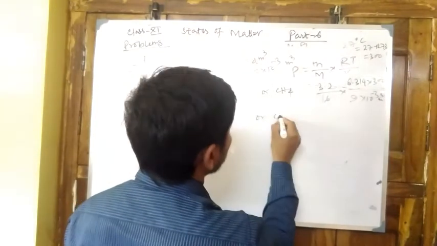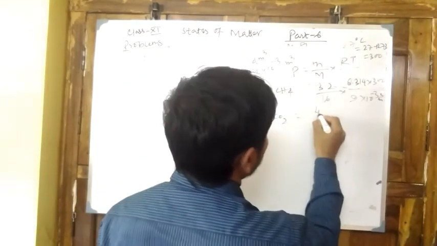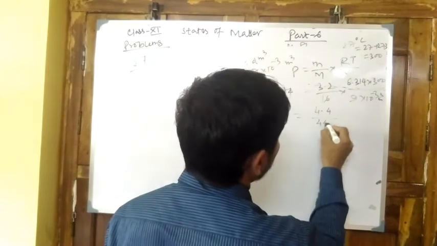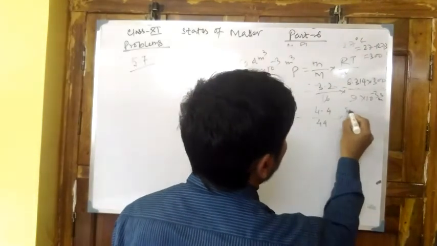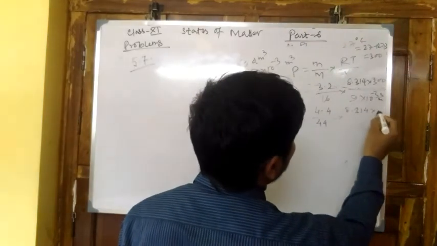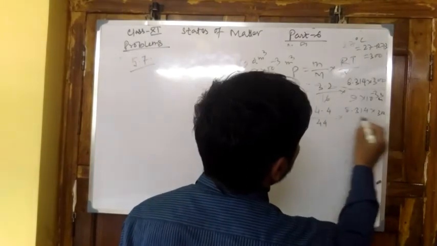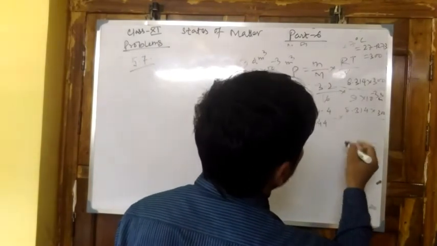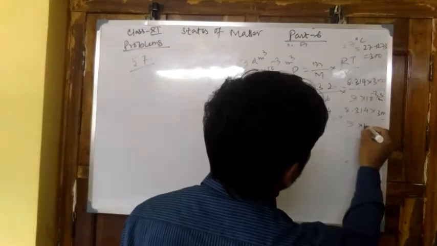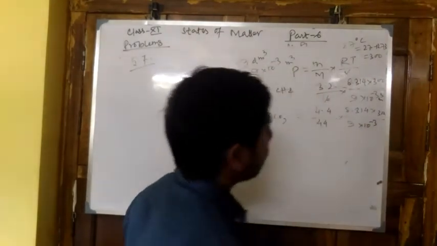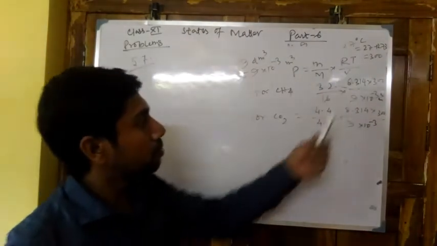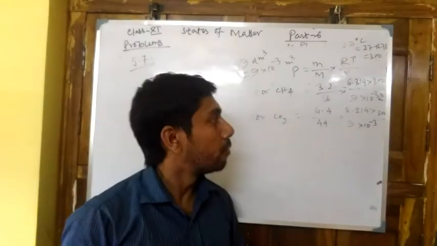For CO2, 4.4 divided by 44, molecular mass, into 8.314 into 300 divided by 9 into 10 to the power minus 3. Now we have to simplify the fractions.